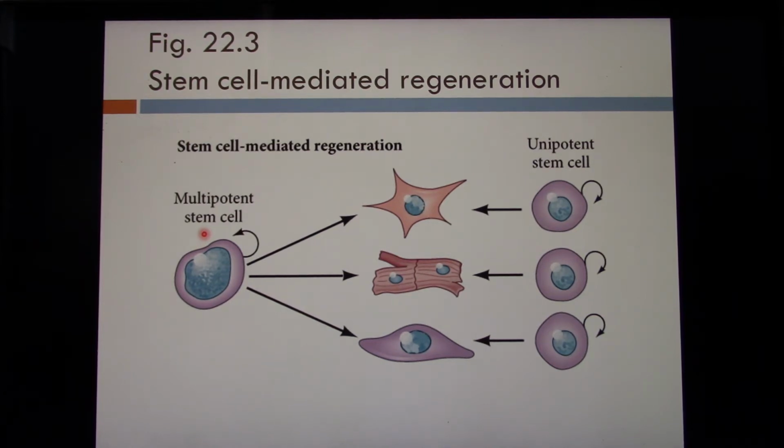It can't even give rise to all of the cells in a body, but it has the capability of regenerating multiple different types of cells, including shown here, a neuron, a muscle cell, and a fibroblast. You can also have examples of organisms that have unipotent stem cells. Stem cells means they can self-renew, as well as give rise to a cell that's going to differentiate.